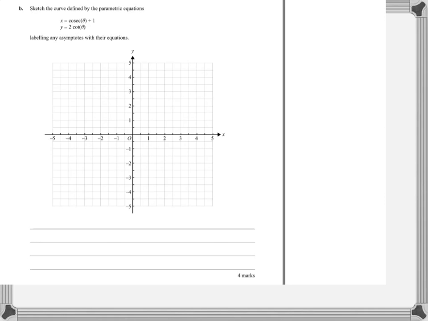So what do I know about our hyperbola? Well, it has a center of (1, 0), and it's got vertices, which are h minus a and h plus a for the x parts. So I get (0, 0) and (2, 0) as my vertex coordinates.